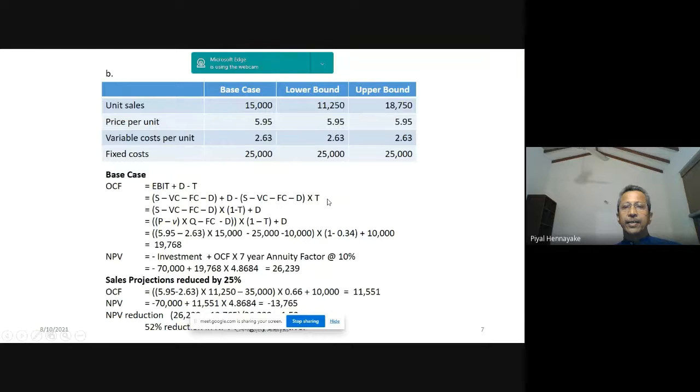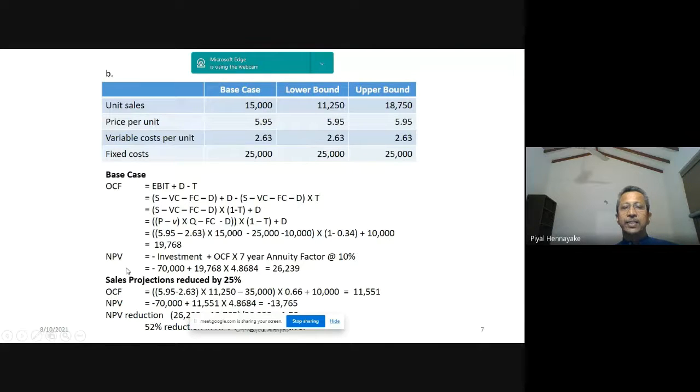And so finally we get P minus V into Q minus fixed cost minus D into 1 minus T plus D. Okay. So we get 19,768 as the operating cash flow.